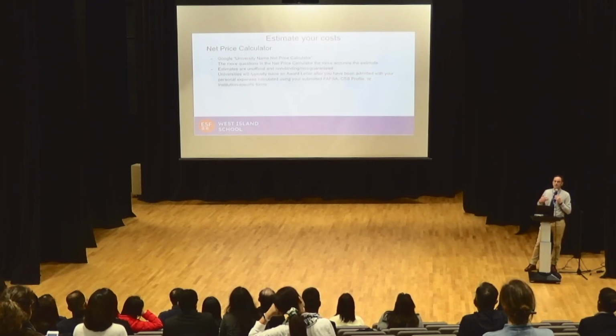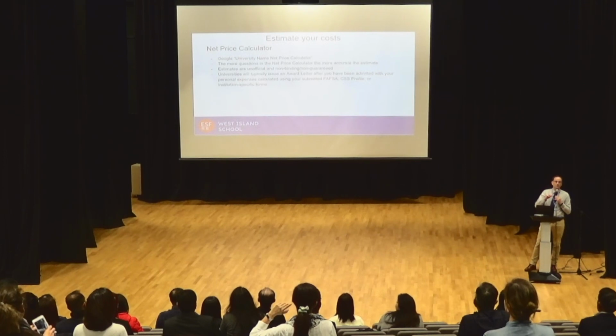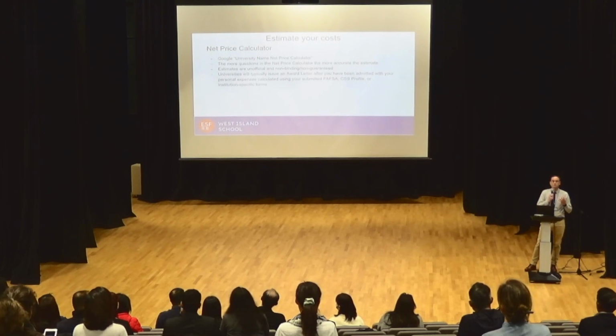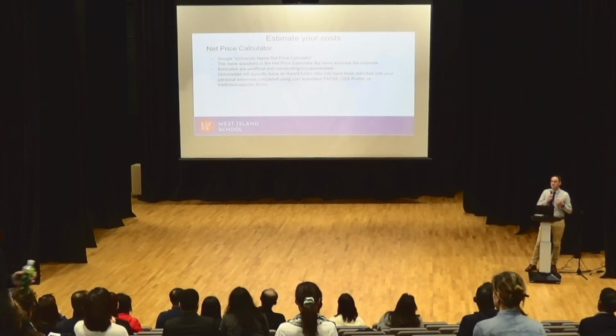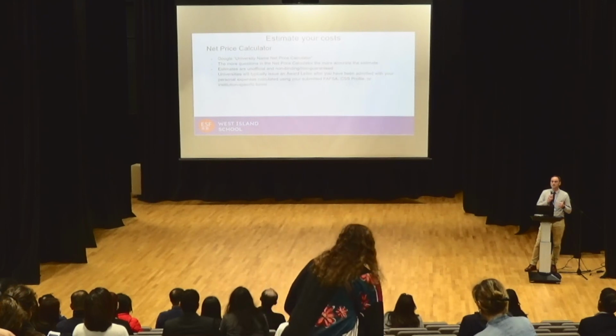The net price calculator allows you to figure essentially what you will pay. You Google the name of the university and then the term net price calculator, and it will ask you a series of questions. If it asks you a lot of questions, then their estimate on what you will pay will be pretty accurate. If it asks you only a couple questions, then it will be less accurate. But it's a good way to get a ballpark idea about whether this is a school that you're going to be able to afford or not.